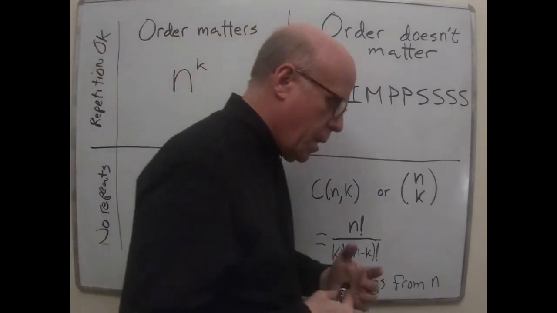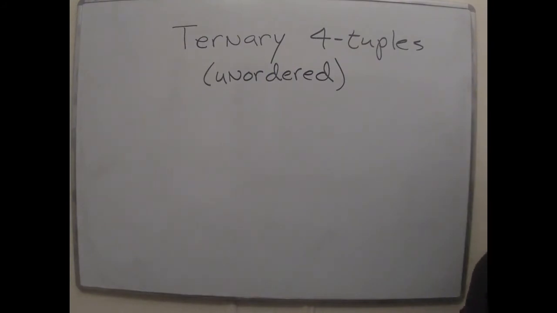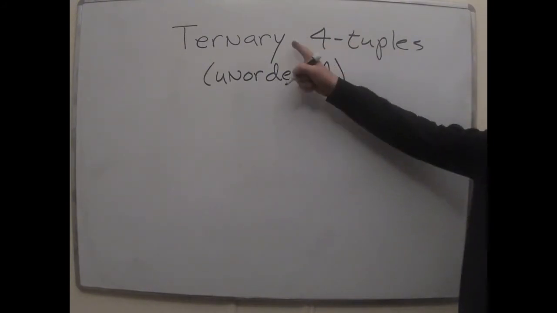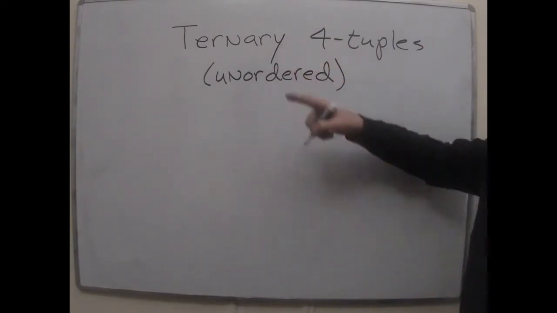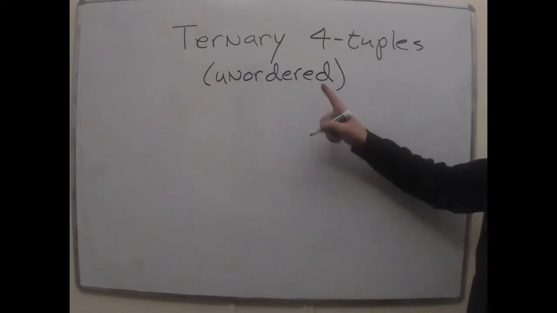So let me do that. As an example of the sort of thing we're just discussing, I'm going to look at some ternary numbers. Ternary means base 3, so the digits are 0, 1, and 2. And I'm going to make 4-tuples, but unordered.